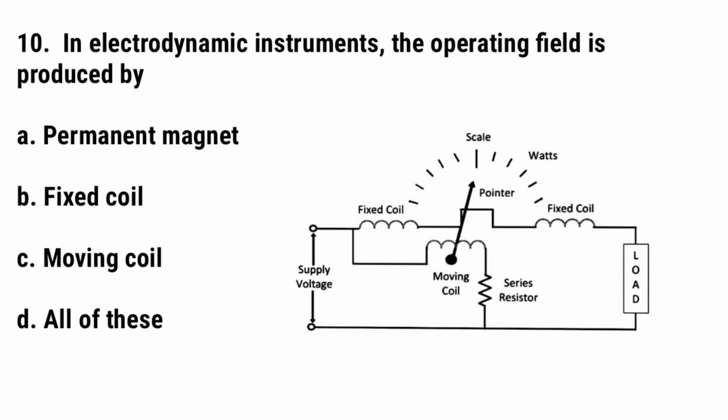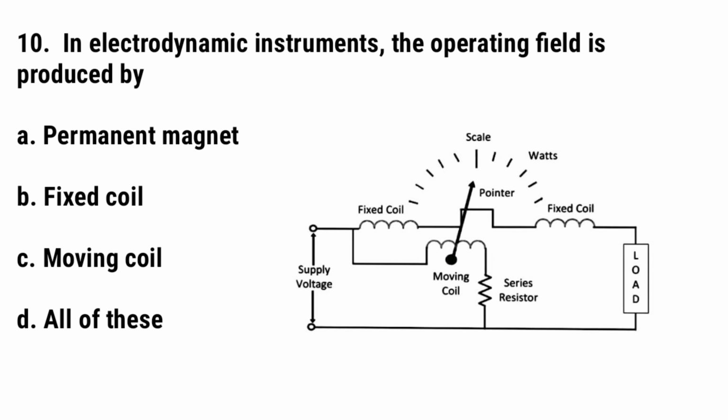The fixed coil is divided into two halves to produce a more uniform flux, that is, the operating field is produced by the fixed coil. The moving coil does not produce the operating field; the deflecting torque is produced in the moving coil.